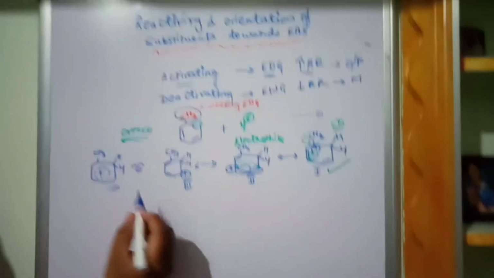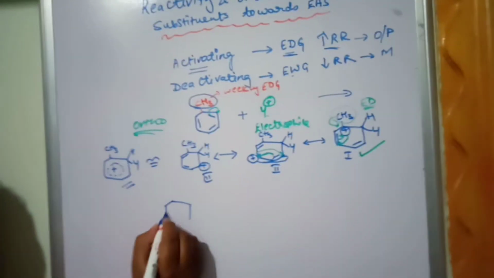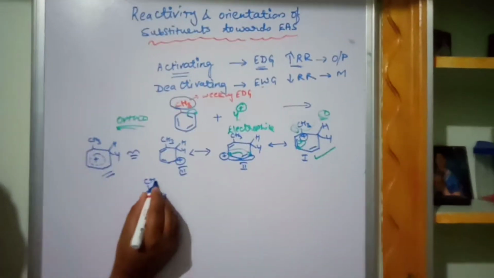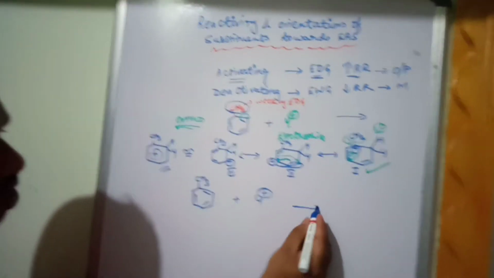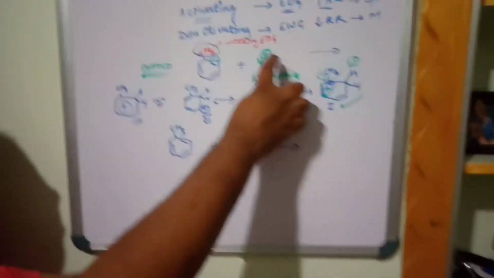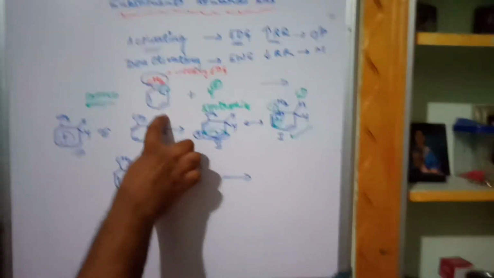Now the same electron donating group, suppose it is attached to the meta position, why will it not attack the meta position? I will tell you. They are only ortho and para directors, meaning the electrophile will attack ortho or para if there is a presence of an activating group.